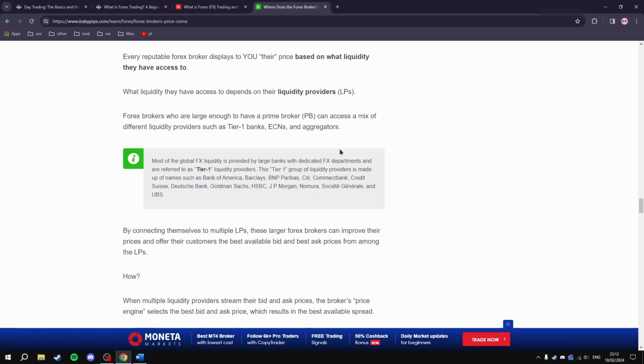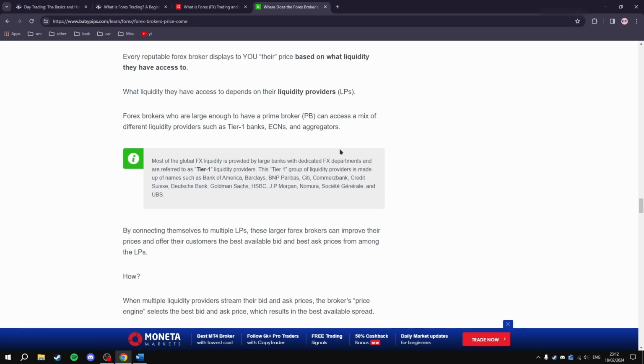Most of the global FX liquidity is provided by large banks with dedicated FX departments and are referred to as Tier 1 liquidity providers. This Tier 1 group of liquidity providers is made up of names such as Bank of America, Barclays, BNP Paribas, Citi, Commerzbank, Credit Suisse, Deutsche Bank, Goldman Sachs, HSBC, JP Morgan, Nomura, Societe Generale and UBS.